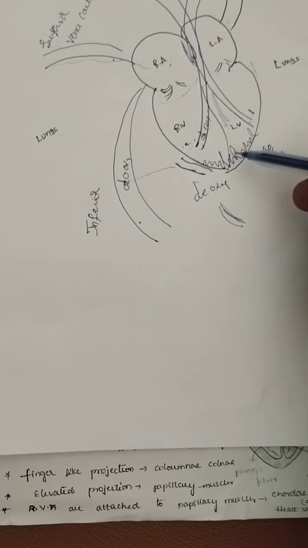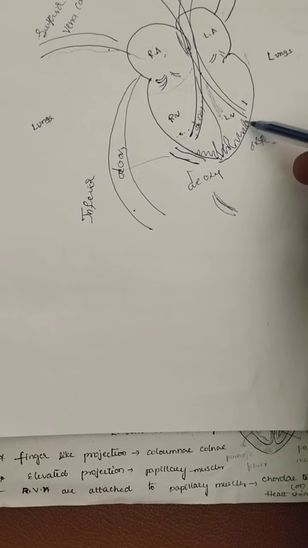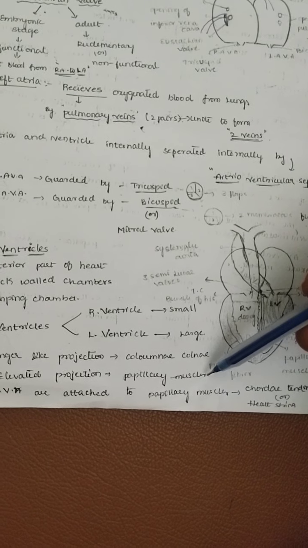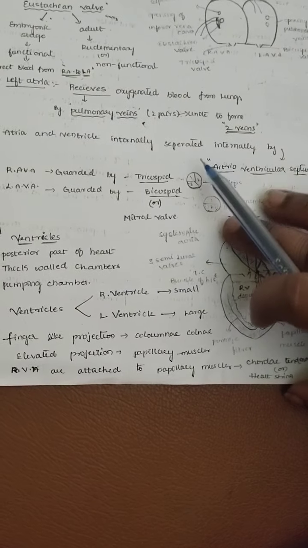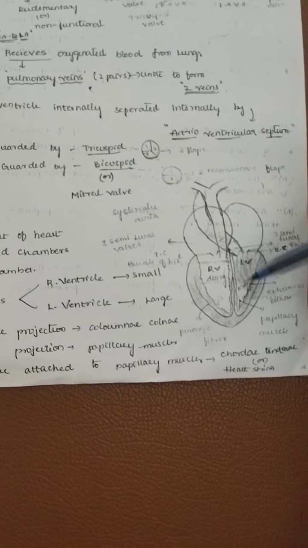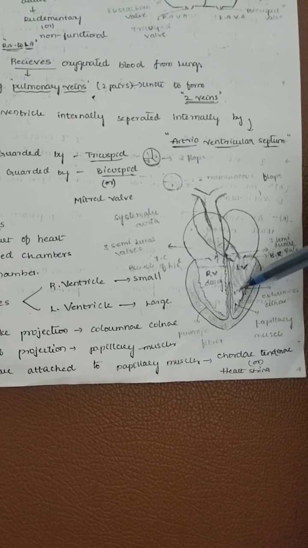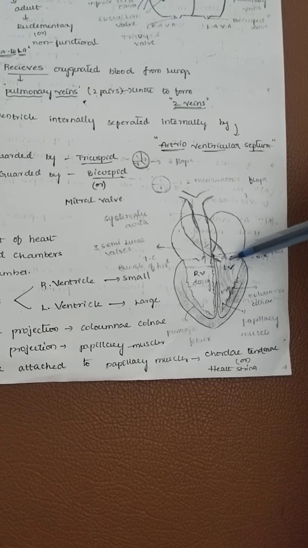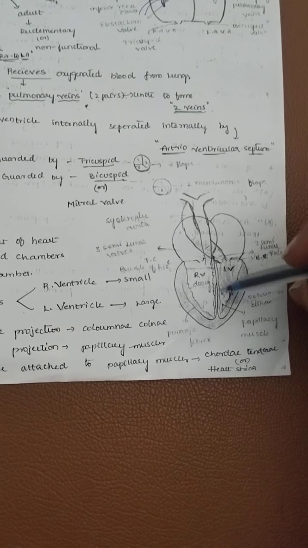In that they have large elevated patches like this. That large elevated structure is called the papillary muscles. Now, these papillary muscles are connected to the tricuspid and bicuspid valves by ligaments.